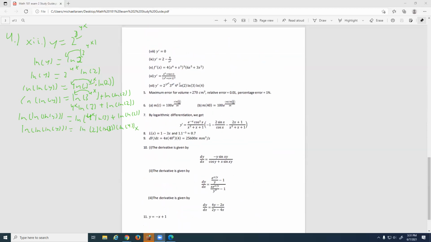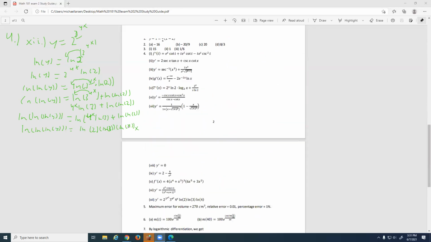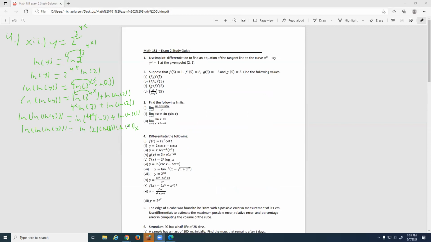Let's see, so they end up getting, yeah. Man, struggling with algebra last second. So we brought down the 3 to the 4 to the x, so this came here. So if we were to just bring down the 4 to the x, yeah, it's strange.